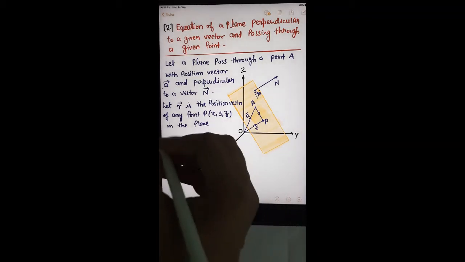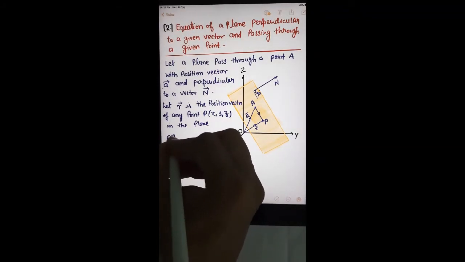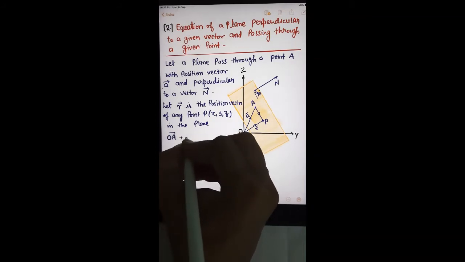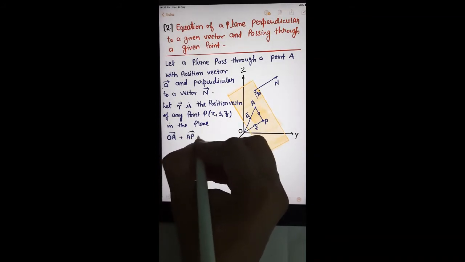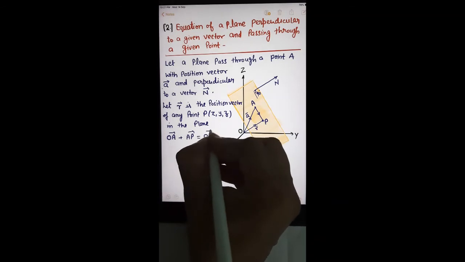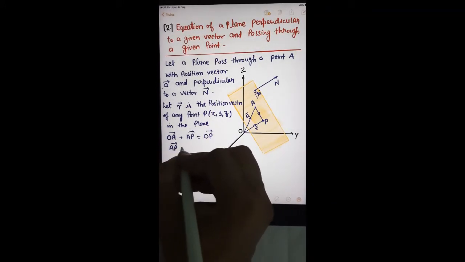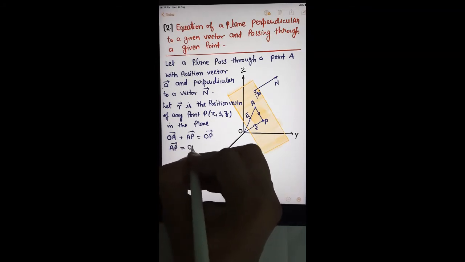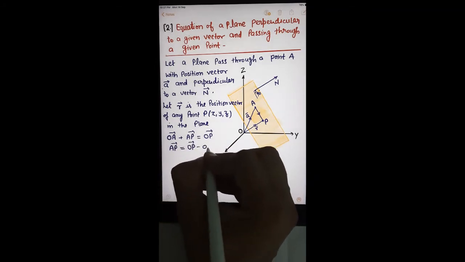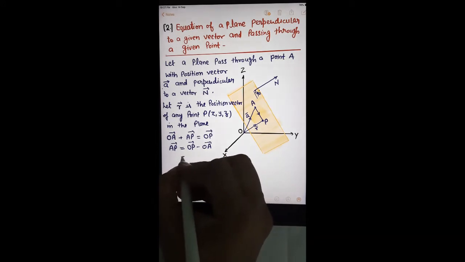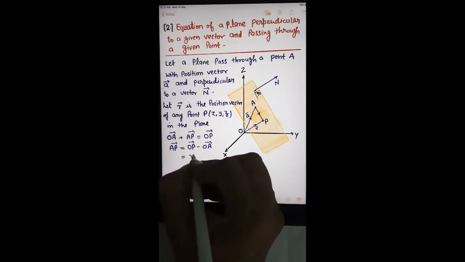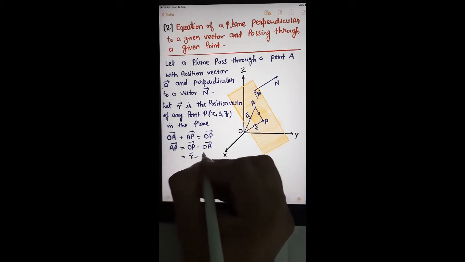Now you can see here the vector OA plus vector AP is equal to vector OP. So we can say vector AP is equal to vector OP minus vector OA. Vector OP can be written as r and OA is a.